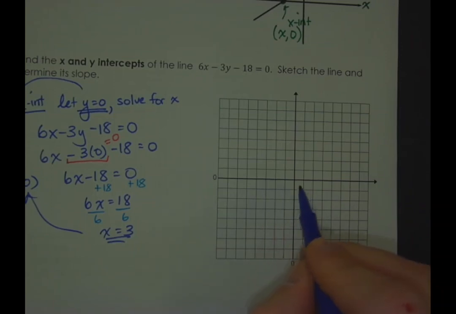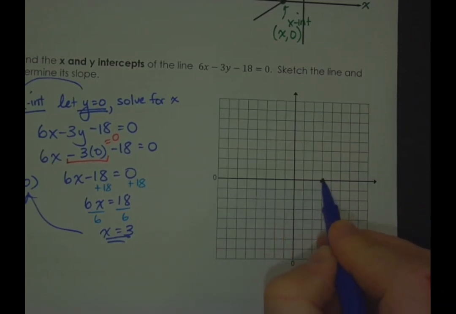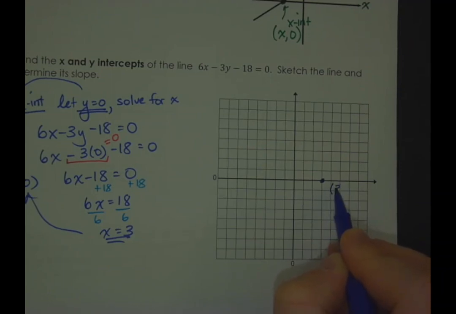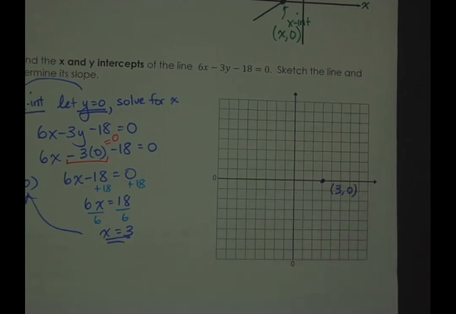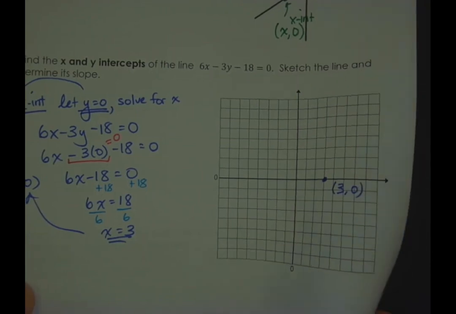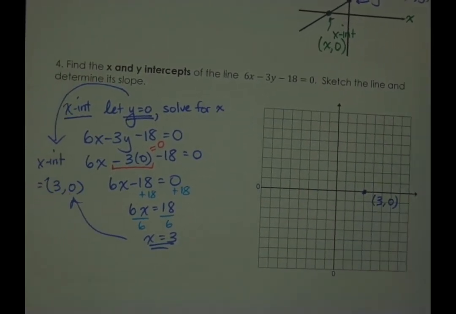So if I look down here, there's my point, 3, 0. All right, let's move this around a little bit. So my x-intercept is this point because it's on the x-axis.